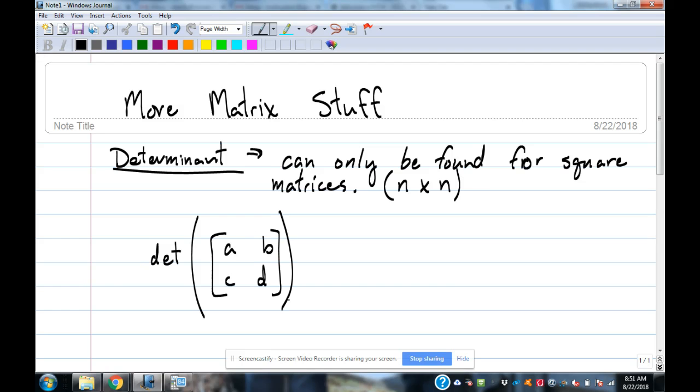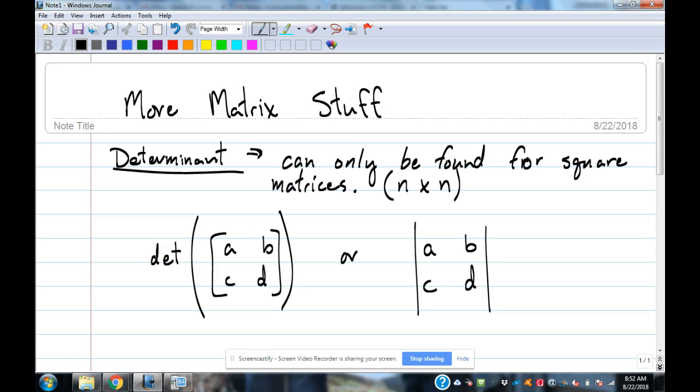Or they may use this notation. They put the matrix in there, and instead of drawing square brackets around it, they put what looks like absolute value marks on it. Just straight up and down bars, no brackets. That also means find the determinant. So if you see either of those, that's find the determinant of that matrix.